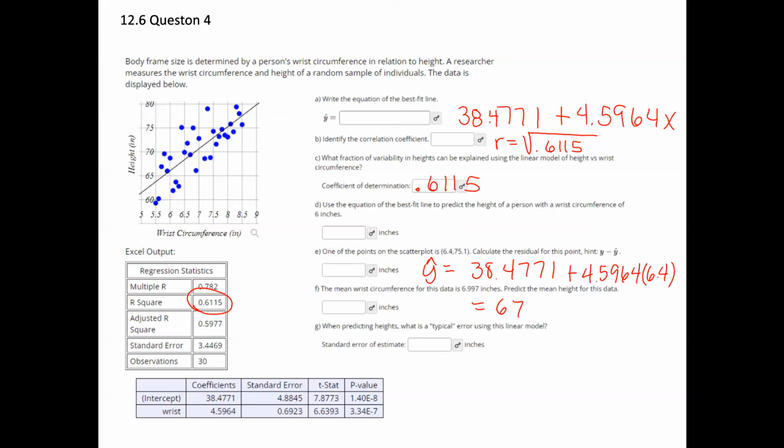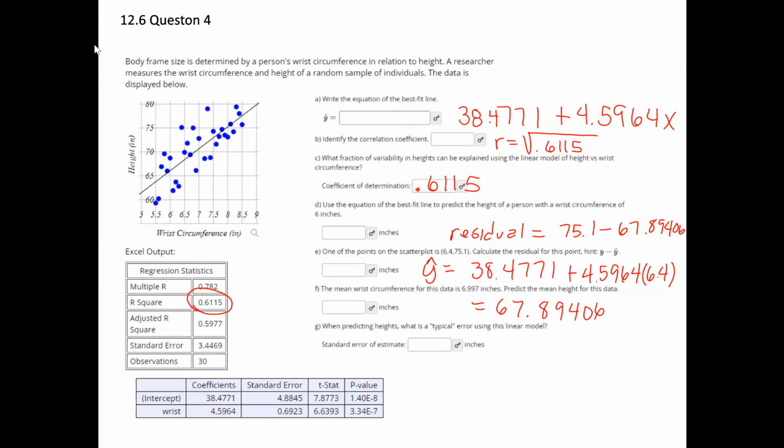Is that what you guys get? So what's the residual? The residual is y, which is 75.1, minus what we predict it should be. The residual is the actual data value minus what your regression equation predicts it should be. I get 7.20594.